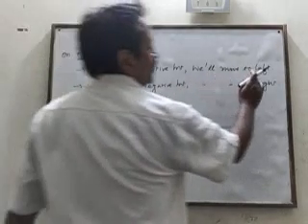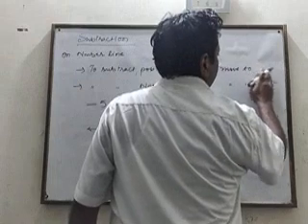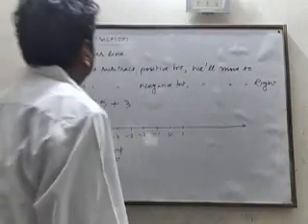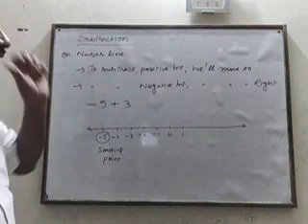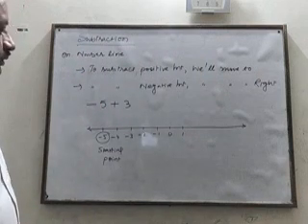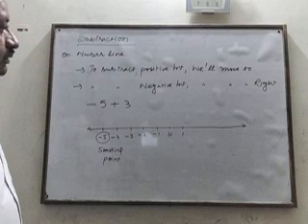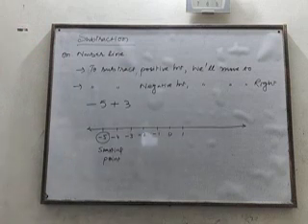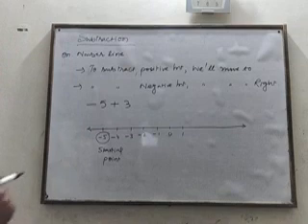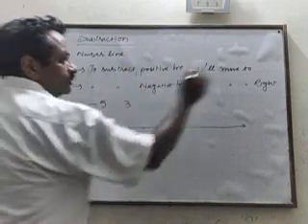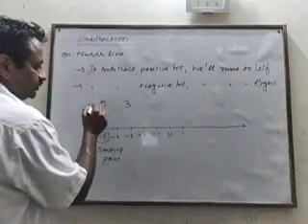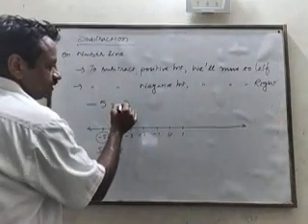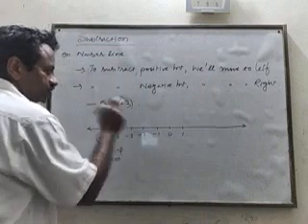We will move to the left to subtract a positive integer. Here it is -5 minus +3, a positive integer.